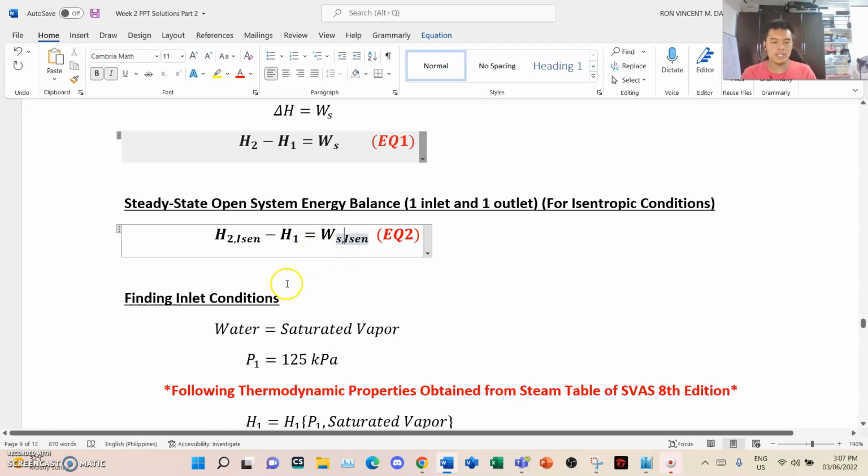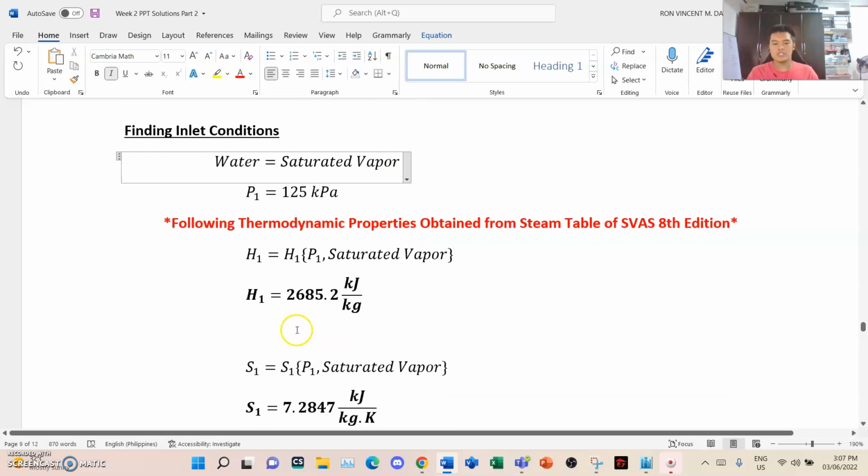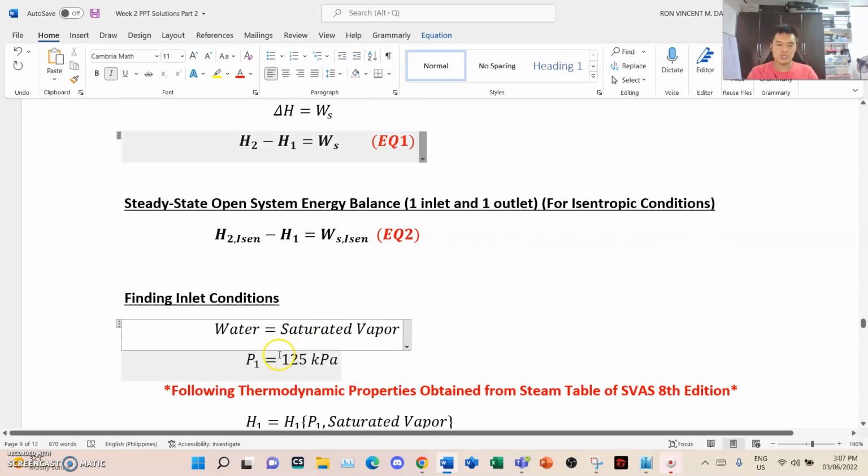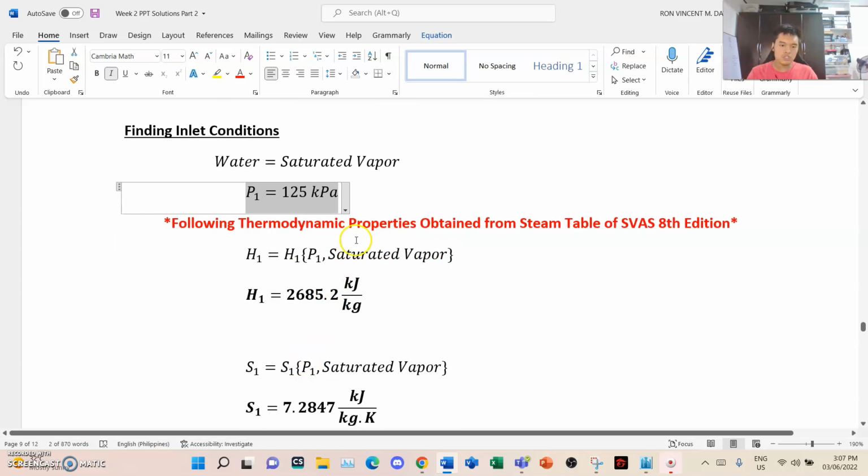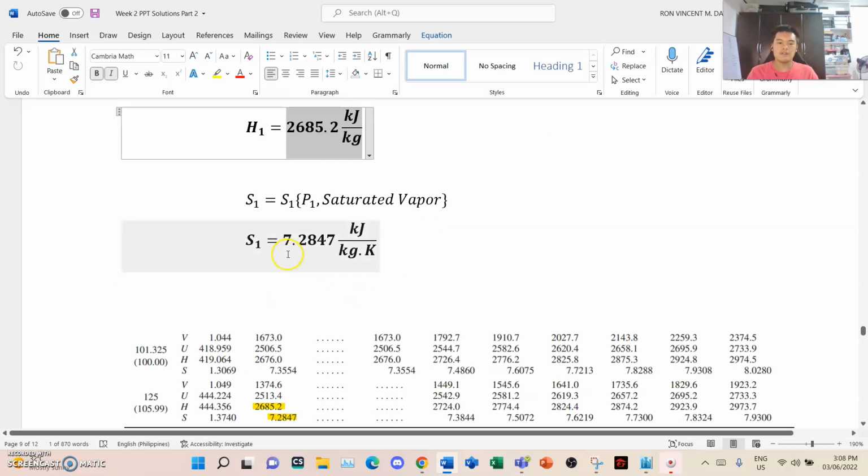Then, to find the inlet conditions of water: take note, the water is saturated vapor and we already know its pressure. That means it is easy to find the properties of saturated vapor at a specific given pressure. So, using the thermodynamic properties table from the steam table of the Smith, Van Ness, Abbott 8th edition book, I found that the enthalpy of water is 2685.2 kilojoules per kilogram and the entropy is 7.2847 kilojoules per kilogram per Kelvin.